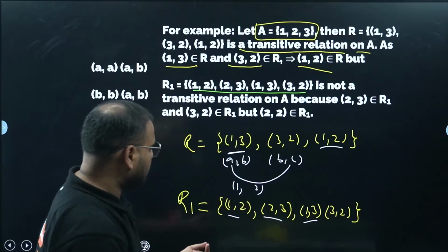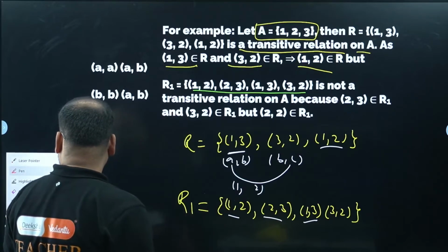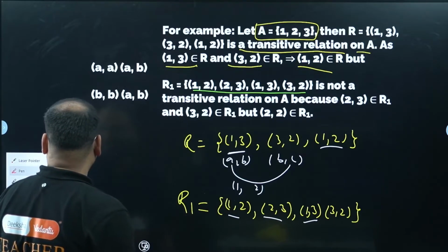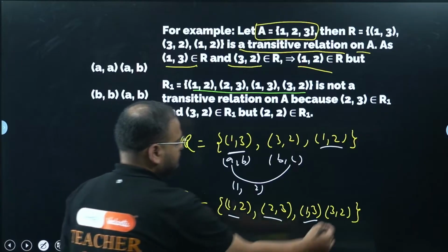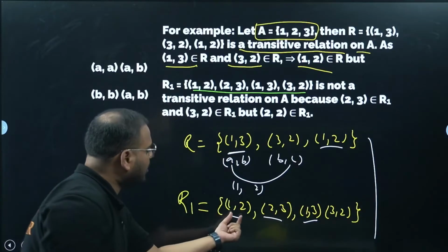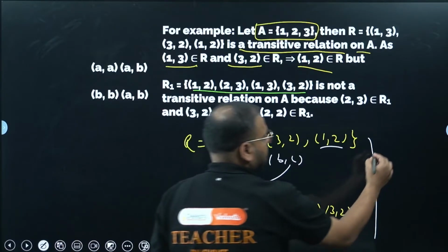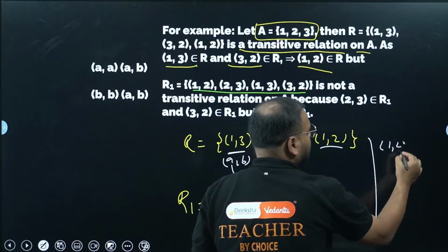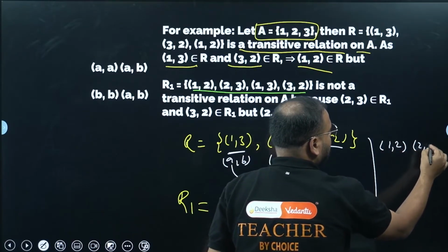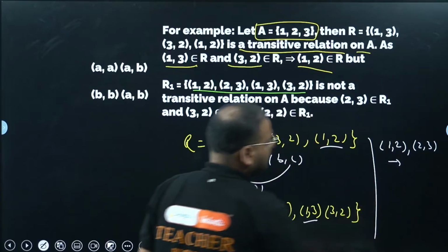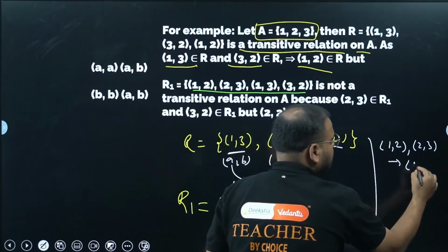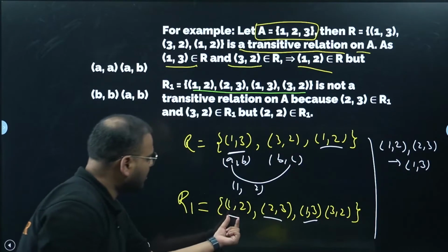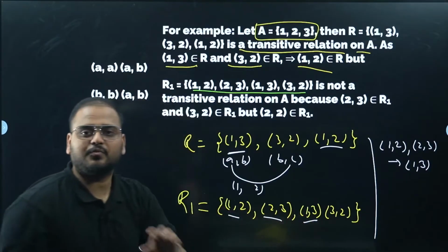Okay, sir. Correct. If you want, I can write the relation separately. Check here: (1,2) and (2,3). This is there, then (1,3) has to be there. So the first part is clear, sir.